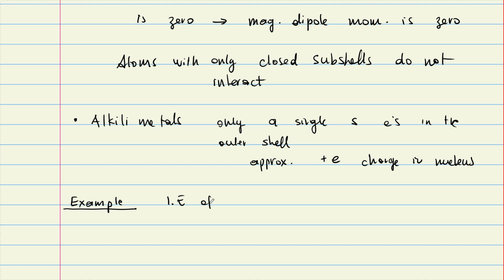the ionization energy of lithium is given from the experiment. Let me write it: energy E lithium is equal to 5.39 eV. What this means is you need to give this much energy to break the electron and make the atom ionized.